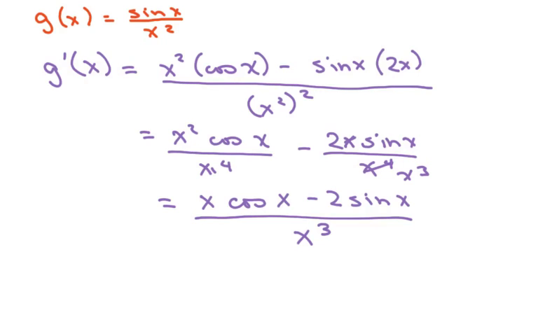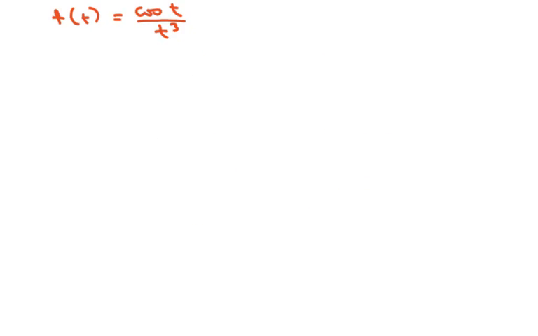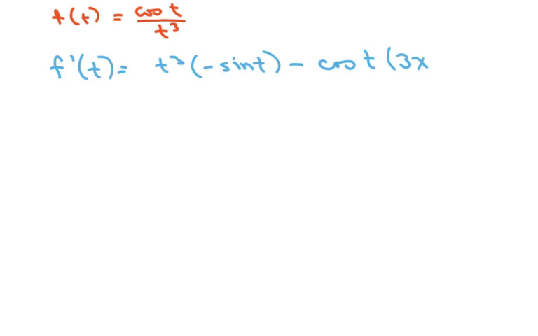Alright, one more. The cosine, so we're going to take the derivative and use our quotient rule. I write down my denominator. Derivative of cosine is negative sine, minus, write down your numerator, multiply it by the derivative of the denominator all over your denominator squared.